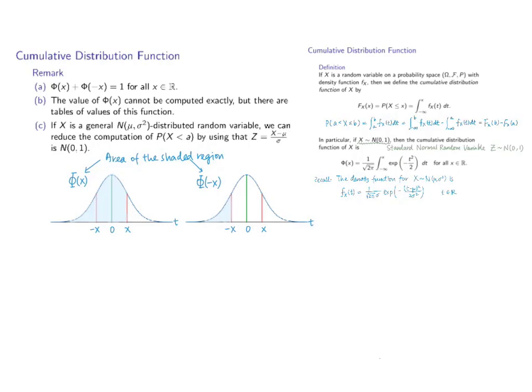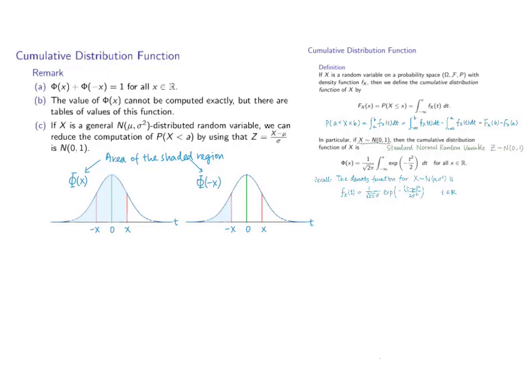The following are some properties of phi x. The first property is that for any value of x, the sum phi x plus phi of negative x is always equal to 1. The standard normal distribution is a bell-shaped curve, and it is symmetric at t equals to 0.